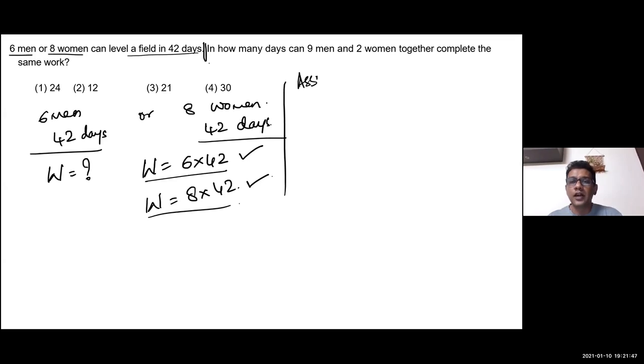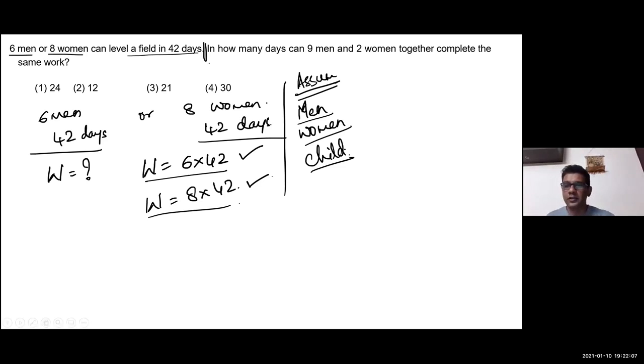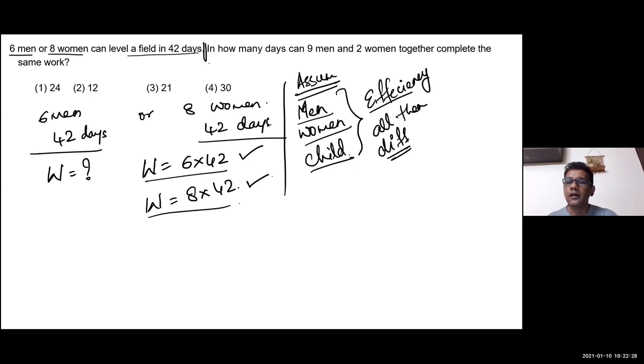Why we do not mix is, there is one assumption in time and work, and that assumption is men, woman, child. If there are 3 different people doing some work, remember child doesn't mean child labor. Child work can also be eating something. So when 3 different categories of people are doing work, we always assume that the efficiency of all of them is different.